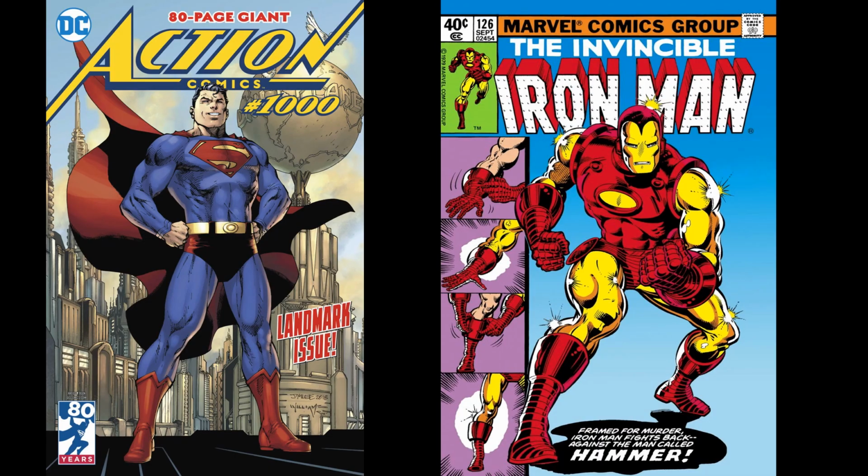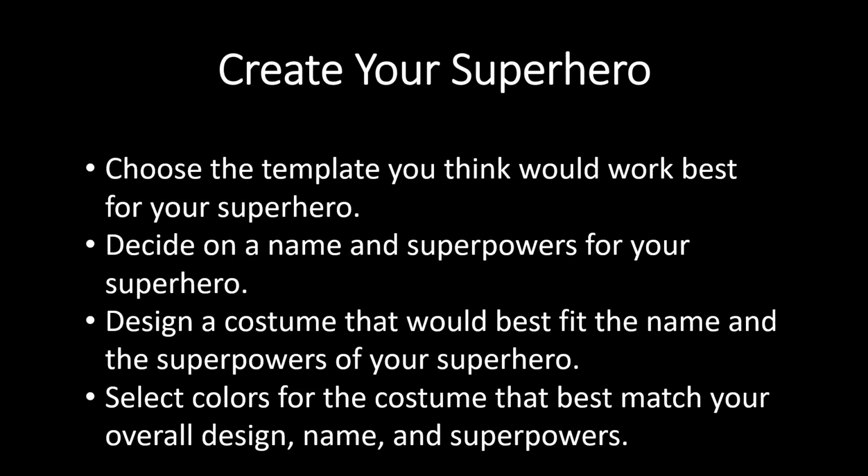So not going to spend more time on that, but here's what the students are going to do in their offline, maybe 30 to 45 minutes in this case. Choose the template that you think would work best from all those that were shown.